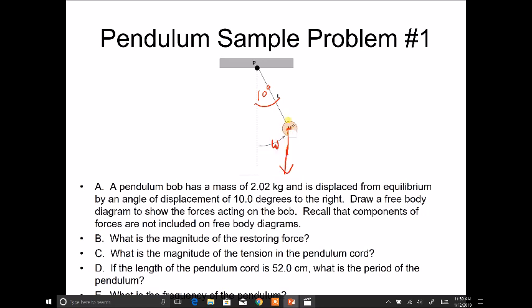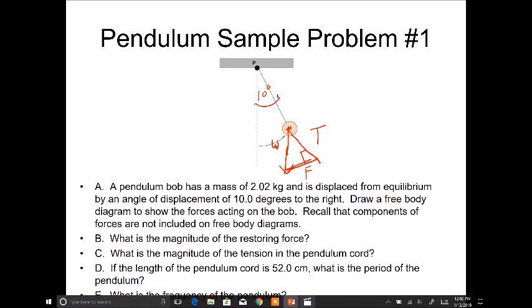One that acts along the string, and one that acts perpendicular. This is supposed to be a 90-degree angle right here. So this component is going to represent the tension in the string, and this component is going to represent our restoring force. To find that, we first of all need to know the weight.